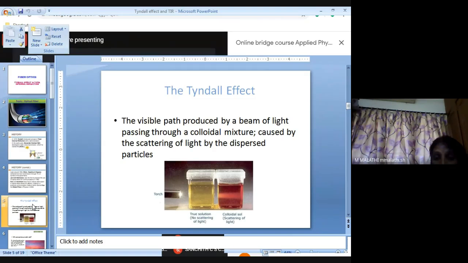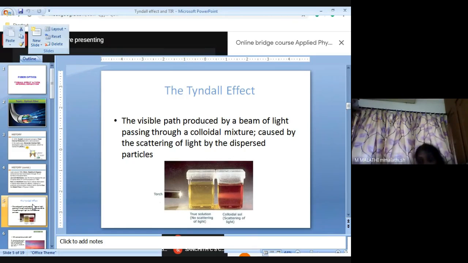What is the Tyndall effect? This is the basic concept demonstrated by John Tyndall in the year 1870. Fiber optic communication came later, in 1960, after the laser was invented. After the laser was invented, fiber optic communication came into effect.